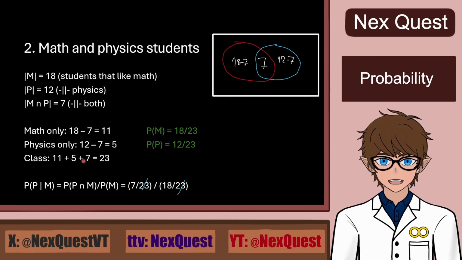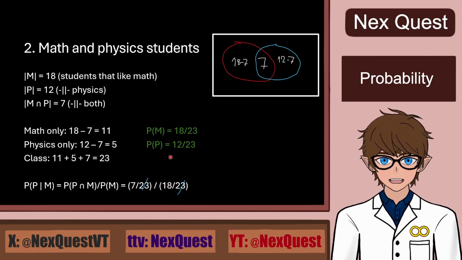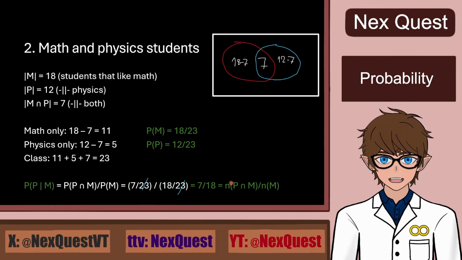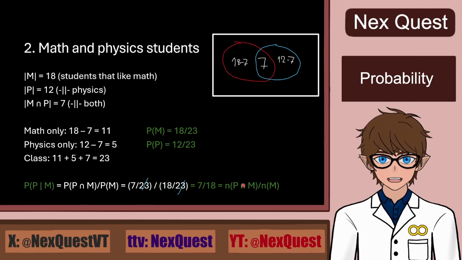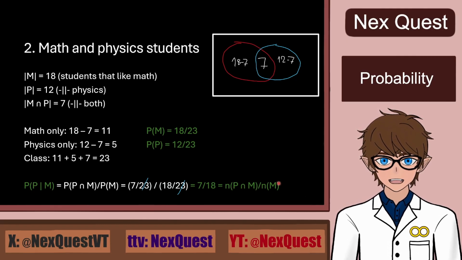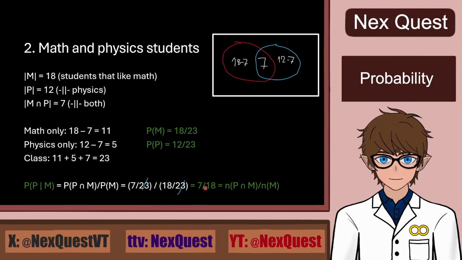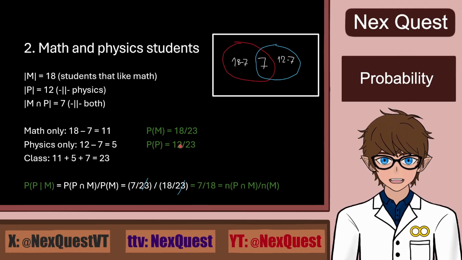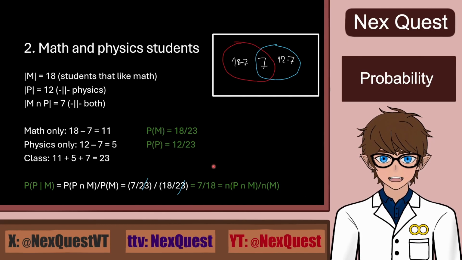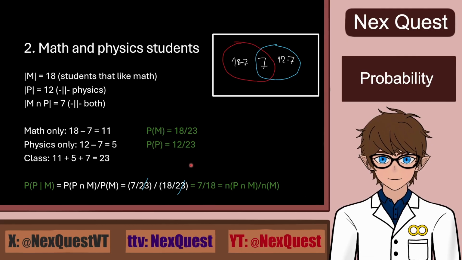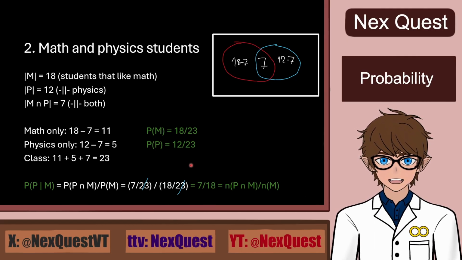We could just take the count of the students, but let's do it the long way. It's 7 over 18, as it's the number of students here divided by the number of students here. And this is like, what, 30-ish%. Anyway, this is the solution to the second task.